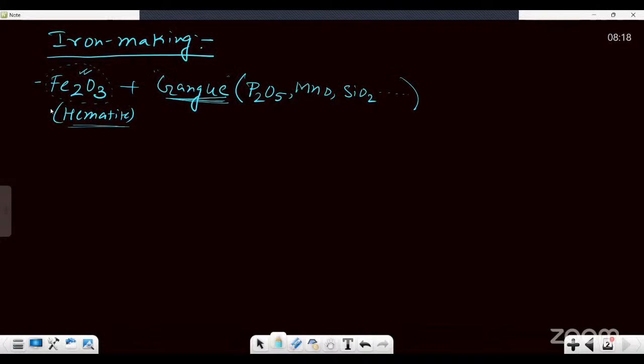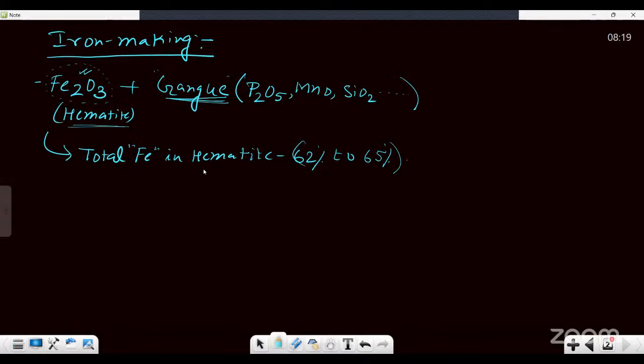Generally, for a good quality hematite, the total iron is within the range of 62% to 65%.